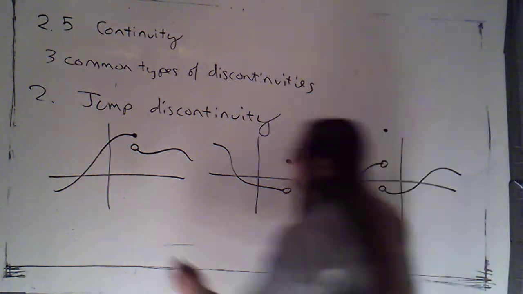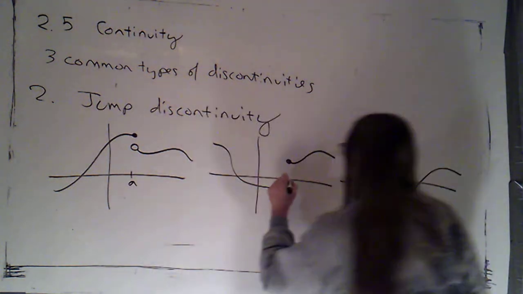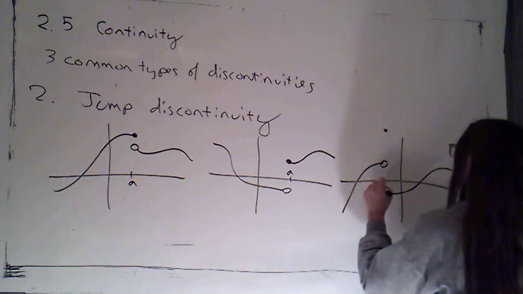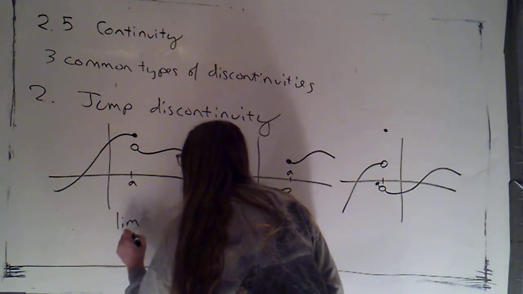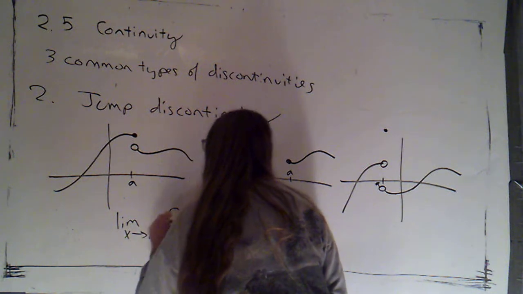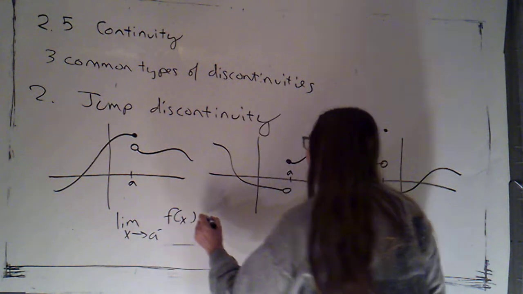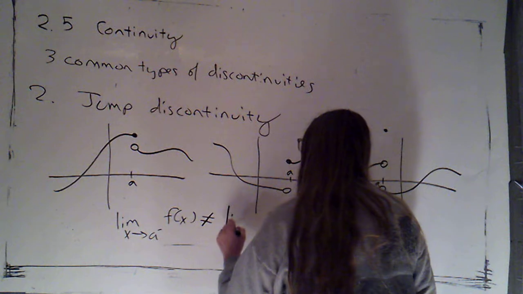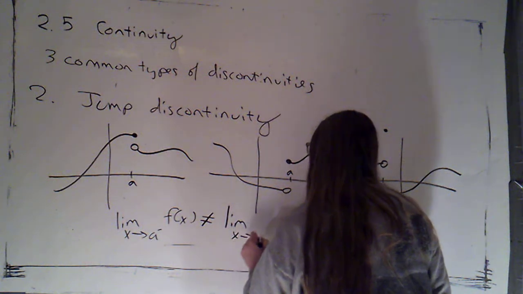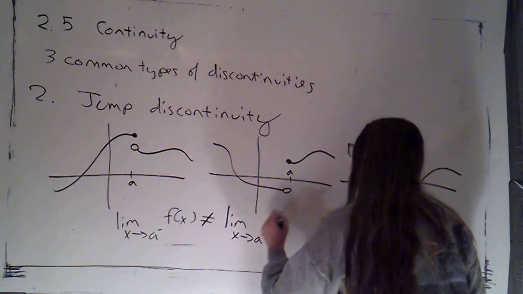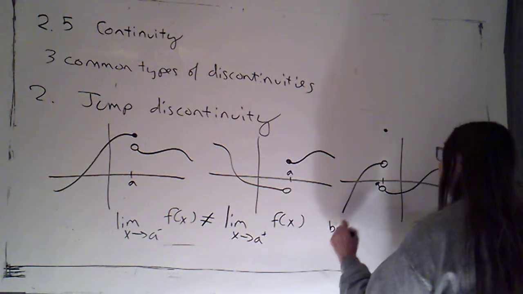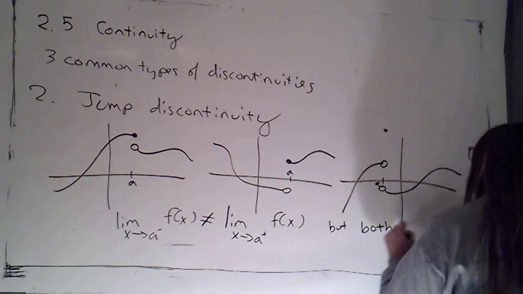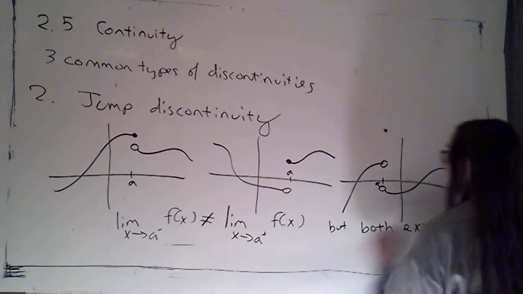The significance here, if I make the location of all of these jumps be A, is that the limit as x approaches A from the left of f of x is different from the limit as x approaches A from the right of f of x, but both exist and are finite.